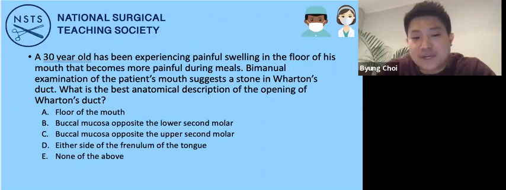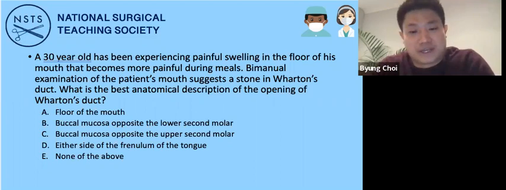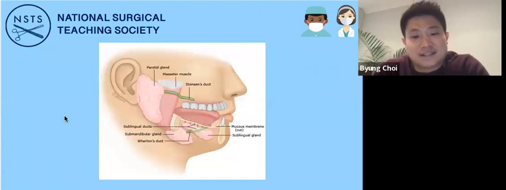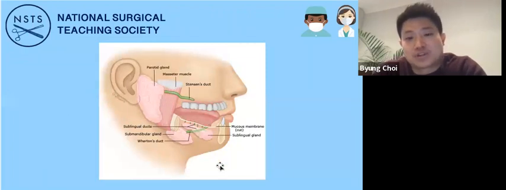So the submandibular gland opens up either side of the frenulum, and it's the duct that comes up from the submandibular gland, running along the floor of the mouth until it opens up at the frenulum. This diagram shows nicely where that would come out.